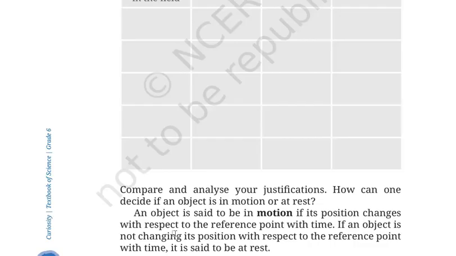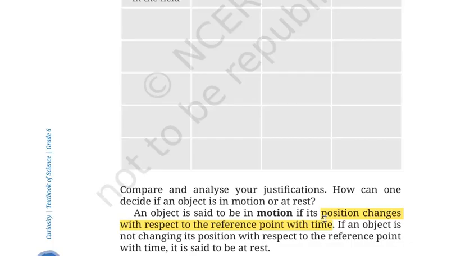So let us see. An object is said to be in motion if its position changes with respect to a reference point with time. Again, over here you have to consider a reference point. Suppose a person is standing at the bus stop and a car is moving.